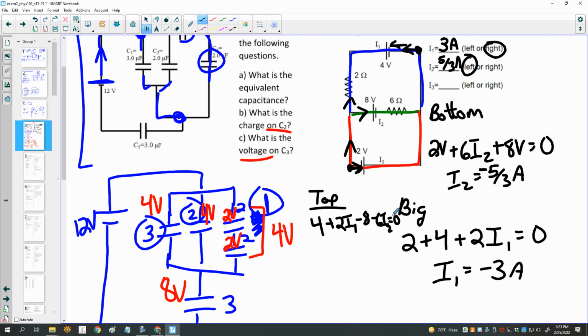Look, the reason I didn't use the top loop is because it has two unknowns in it, and I can get those two unknowns from these equations. So look for the loop that has two resistors in it, because you will have a loop in your circuit that has two resistors, but you'll have two loops that only have one resistor. And so I can choose those two loops, and it'll make my math a lot easier.